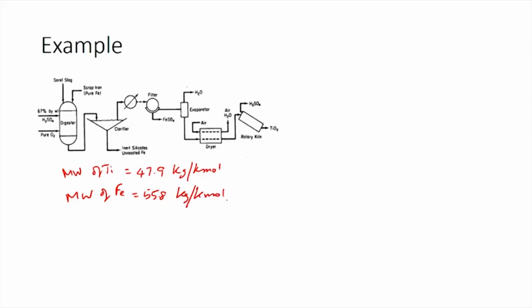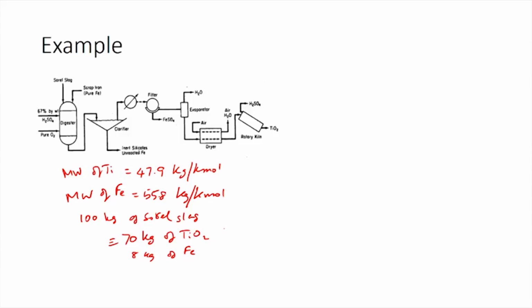So, now that we have this, we have to calculate the number of moles of TiO2 and iron and H2SO4 that are being fed. So, we know that 100 kilograms of sorrel slag is entering. This contains 70 kilograms of TiO2 and 8 kilograms of iron, and the rest is inert silicates.